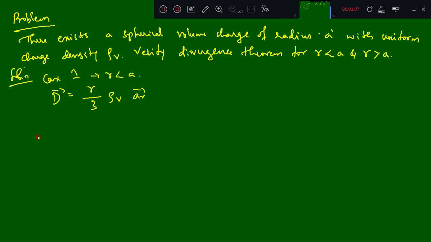So we need to verify the divergence theorem. We can take the LHS, that is the surface integral over S of D dot dS.